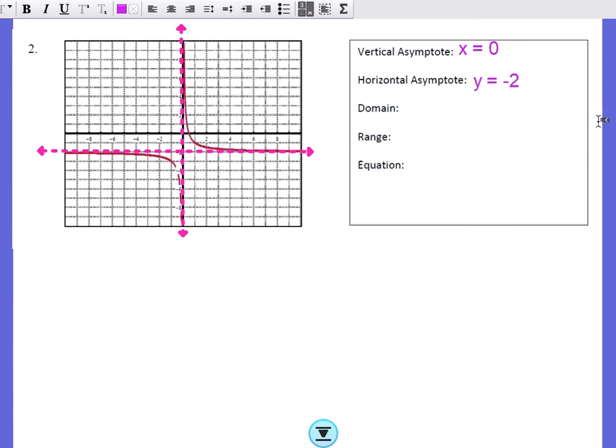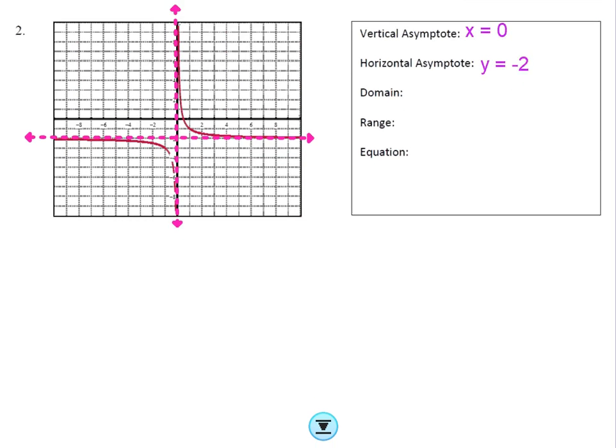So first thing, we'll talk about the domain. It would be x does not equal 0. And the range would be y does not equal negative 2. And then for the equation, we need to find the point here where the asymptotes intersect. That point is going to be at 0, negative 2.